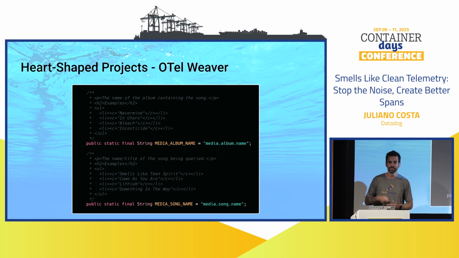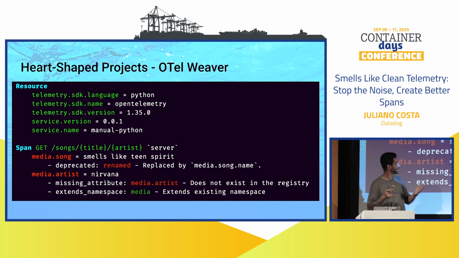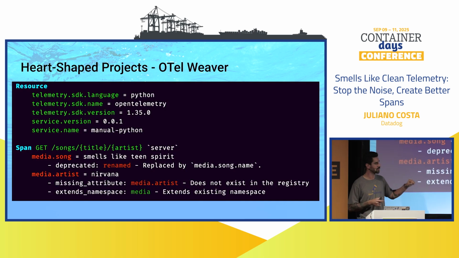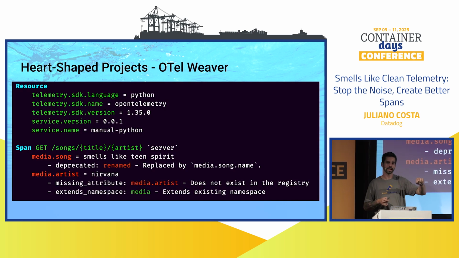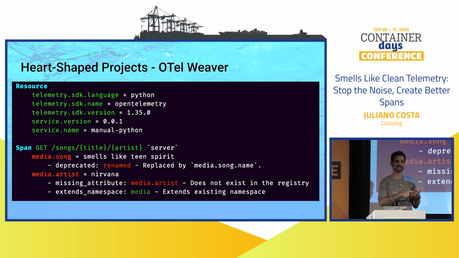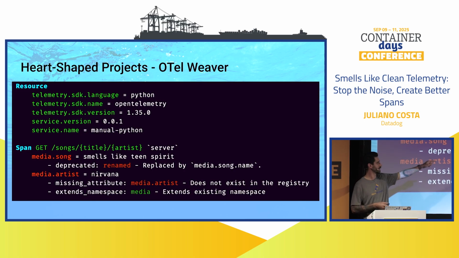and your team will simply use the constants that you define. And last but not least, you can use Weaver to put in your pipeline, so it blocks developers from sending non-compliant telemetry or non-compliant attributes. So here, for instance, the user is sending media song, and Weaver is telling me that that was replaced by media song name.